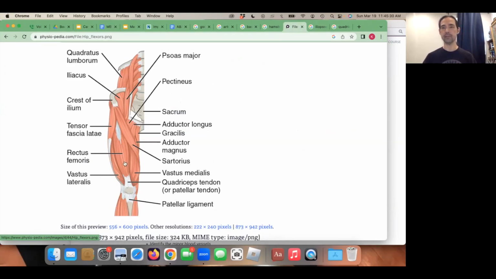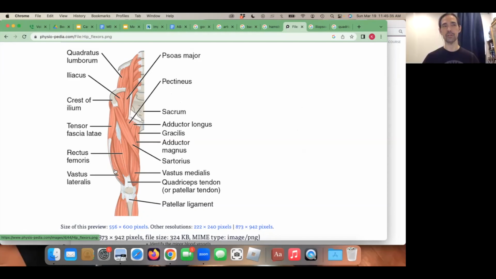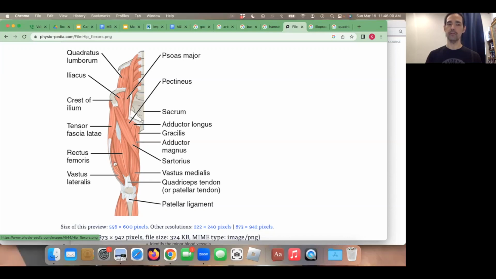Mute yourselves and repeat after me, we're going to do it 3 times. It's rectus femoris, vastus lateralis, vastus medialis, vastus intermedius, which is underneath the rectus femoris. Again: rectus femoris, vastus lateralis, vastus medialis, vastus intermedius. Last time: rectus femoris, vastus lateralis, vastus medialis, vastus intermedius.